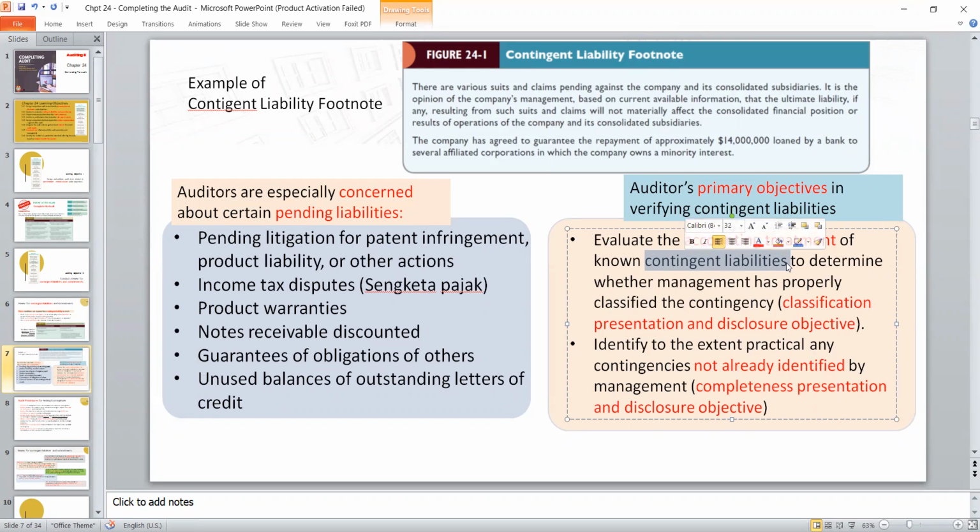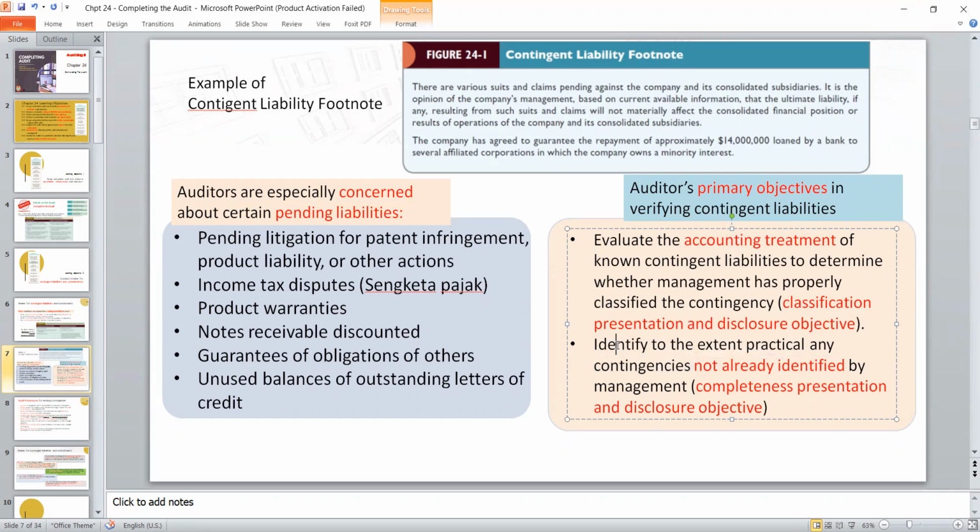This applies if the company already knows about the contingent liabilities. So this is about the classification, presentation, and disclosure objective. The second objective is if the management has not already identified the contingency. They don't know about a contingency that is likely to occur in the future.